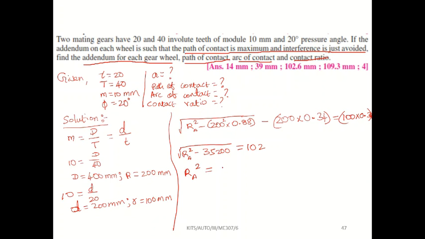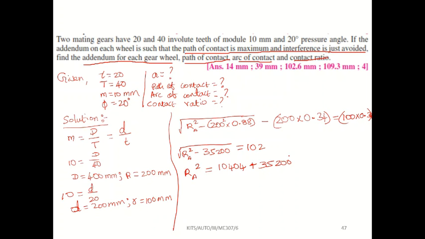So the value is R_a square equal to 10404 plus... we have removed the root, so we will have R_a square minus 35,200 equal to 10404. Now this minus 35200 will go this side and it will become plus.